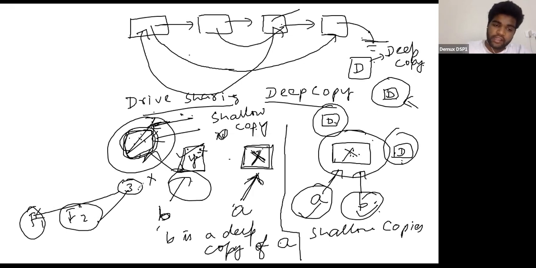Now, when you are providing copies of this to both of them, the copy that you provide could be a deep copy or a shallow copy. When you provide a shallow copy, you are giving them references to one centralized location in the memory. So they are still able to access this variable that they want, but any change that they make will be reflected in the others' copy also, because it's a shallow copy.